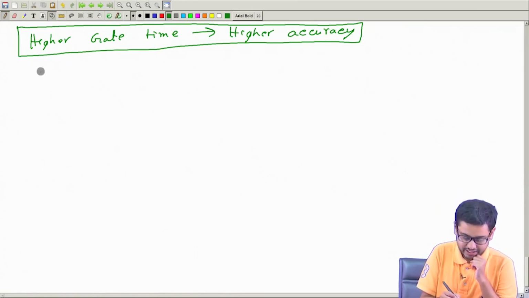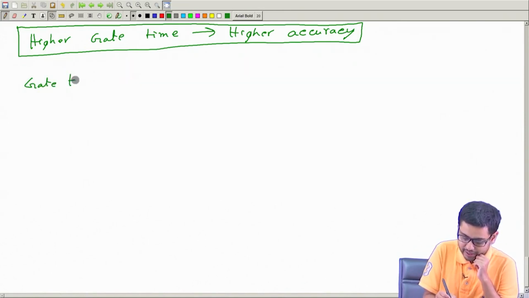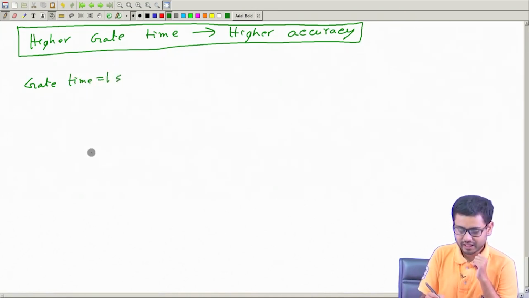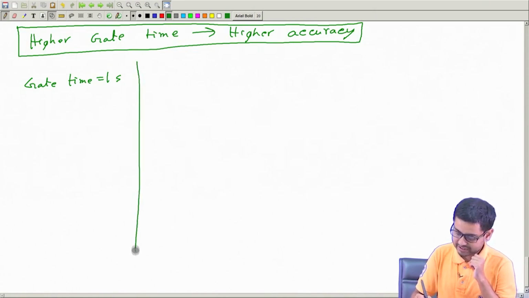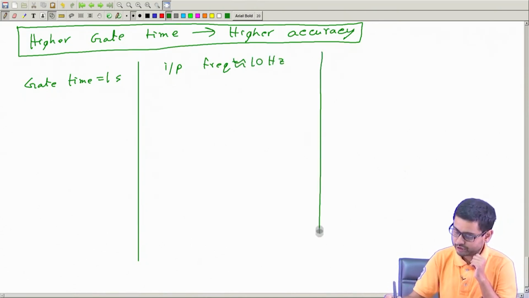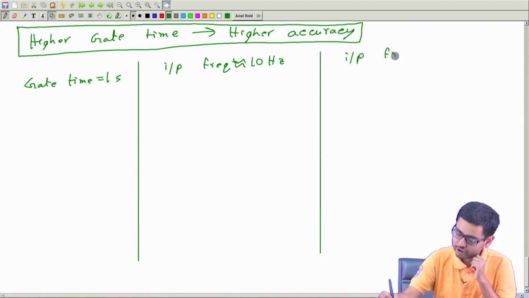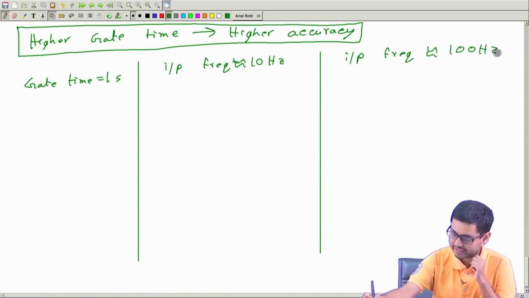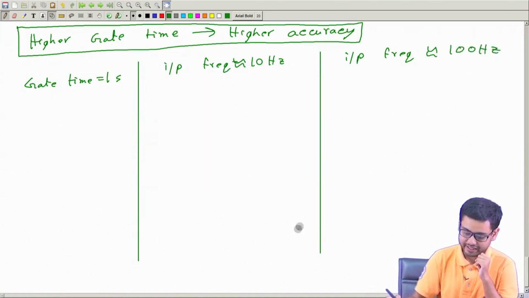Okay. Say, now let us take two cases where I have gate time equal to 1 second, okay, but I have two cases, input frequency equal to say around 10 hertz, and input frequency equal to around, not exactly, it is not known exactly, it is known around 100 hertz.